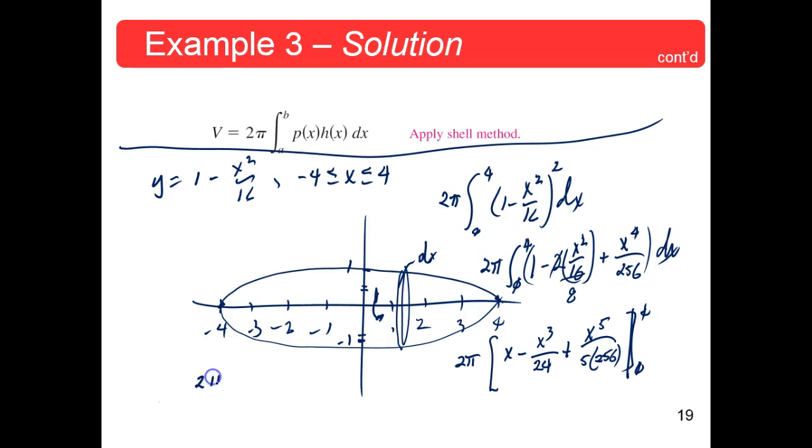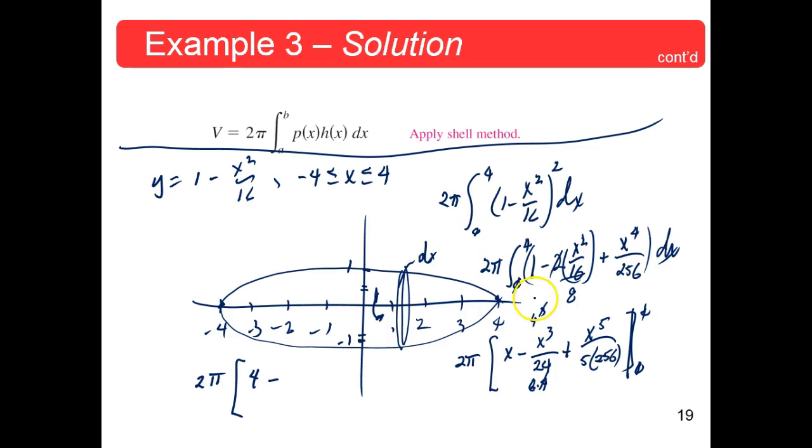So, let's start with the 2 pi times, I can do the first one, 4, okay, minus, now what we have here is 4 to the third, which by the way is 64, but let's do it a little smarter than that, okay. Remember this was 6 times 4, and this will be 4 to the thirds, so cancel that.